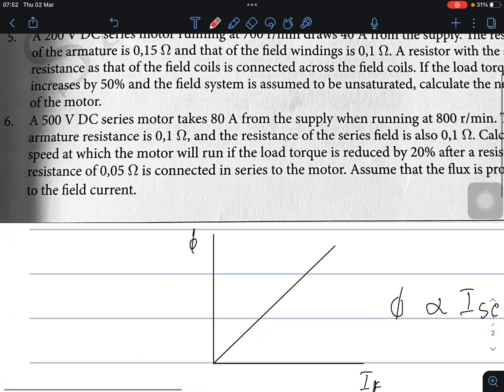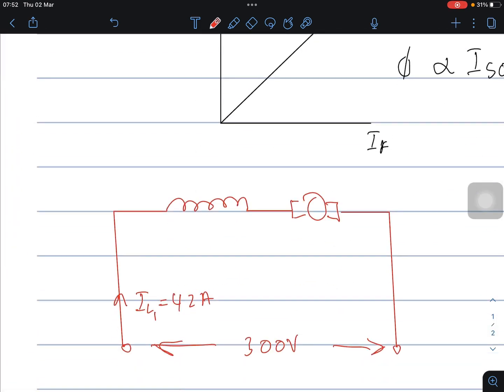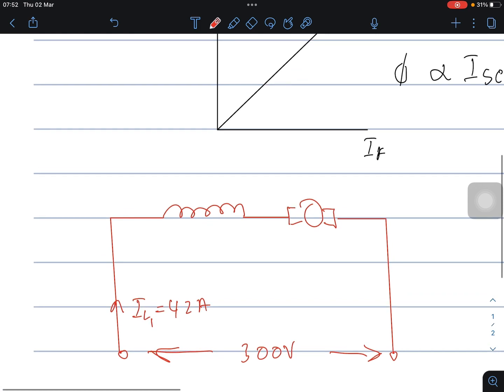Let's say IL1, because it's the first condition, so IL1 is equal to 42 amps.